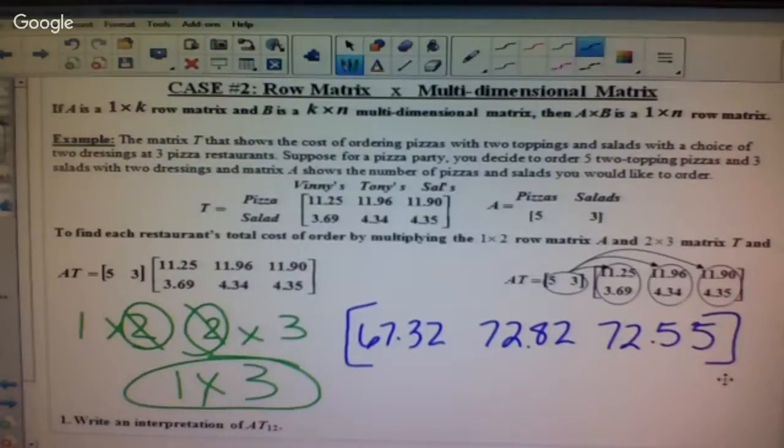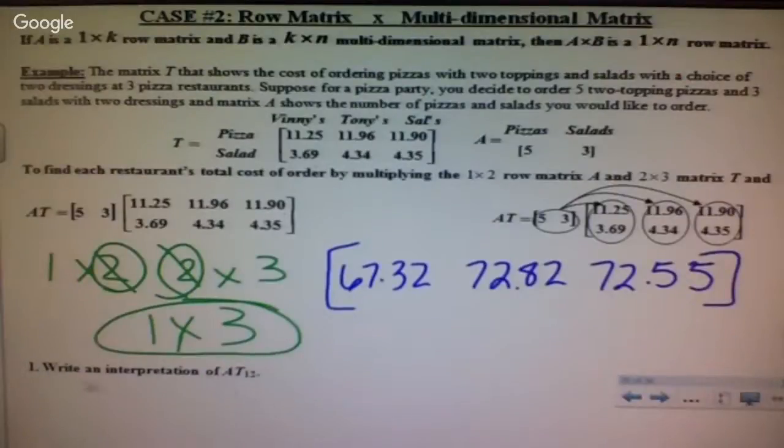Okay. Not only do you have to do this, though, you've got to tell me what in the world that means. So if I asked you, once you got your answer, what is the interpretation of A, 1, 2? 72.82. Total for Tony's.